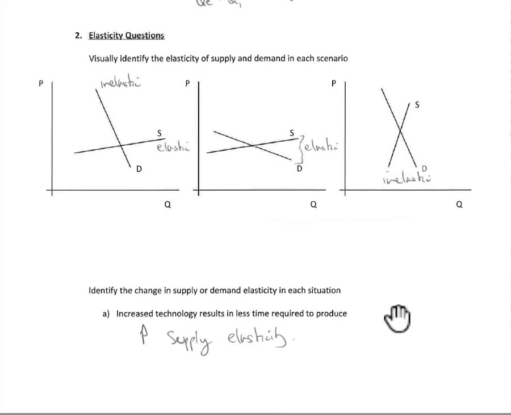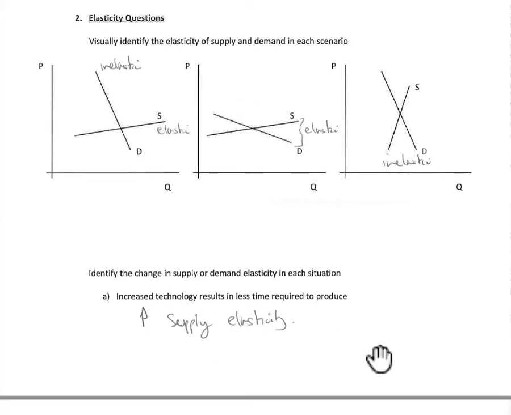So an increase in technology results in less time required to produce. If you look at what things impact elasticity, time, or technology, or the time it takes to produce something, will impact supply elasticity. So if I have more technology that makes my time better, I'm able to produce things faster, my supply elasticity will increase.